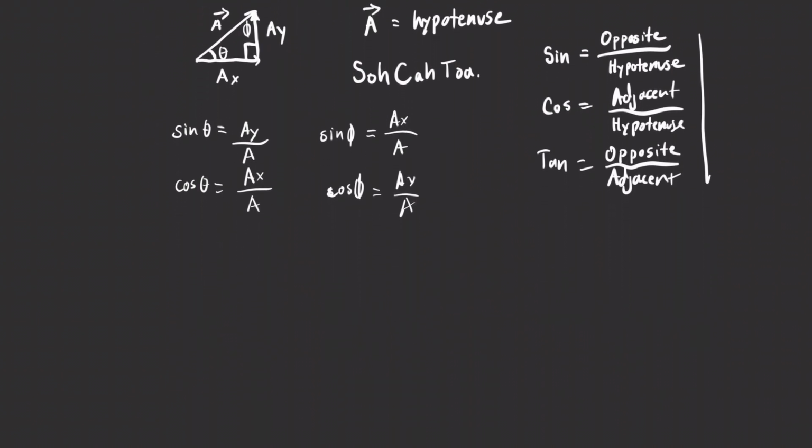Now with these vector components, there's some new vector notation, or more ways we can describe vectors. So for example, A, we can write that as ax, ay.